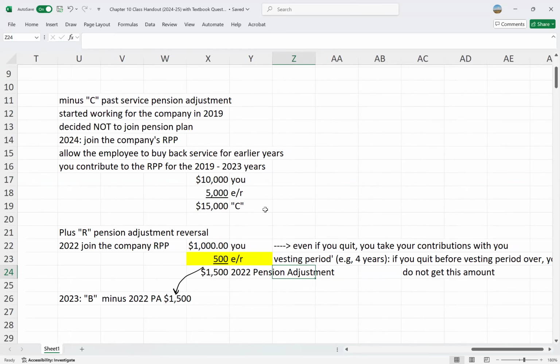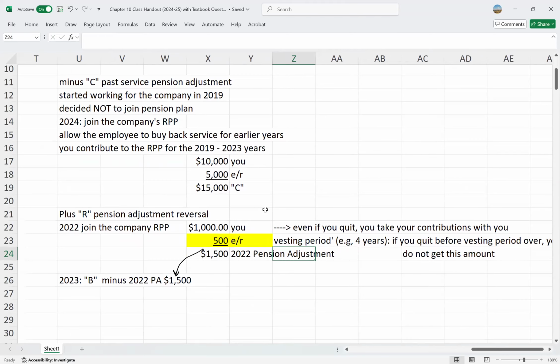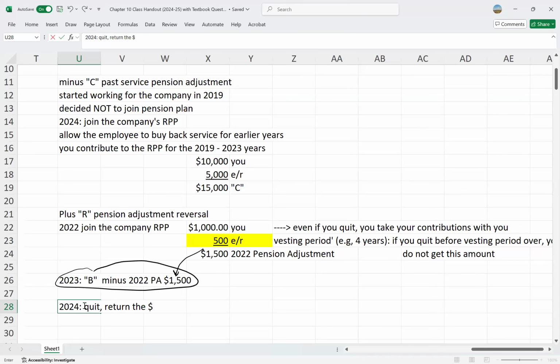So in 2022, your employer put in 500, your pension adjustment for 2022 was 1,500. And so when you calculated your RRSP deduction limit for 2023, you minus that 1,500 in your B calculation. And let's say in 2024, you quit. And so then you have to return the 500 that your employer put in.